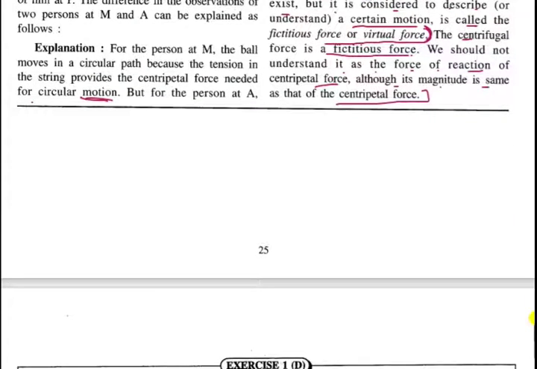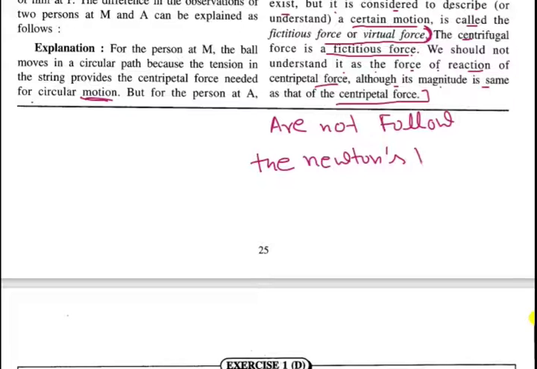Another point: these two forces, centripetal and centrifugal, do not follow Newton's third law.